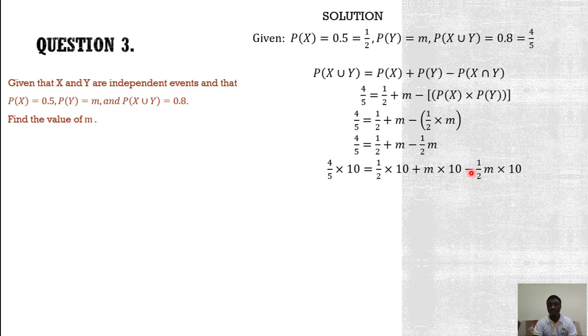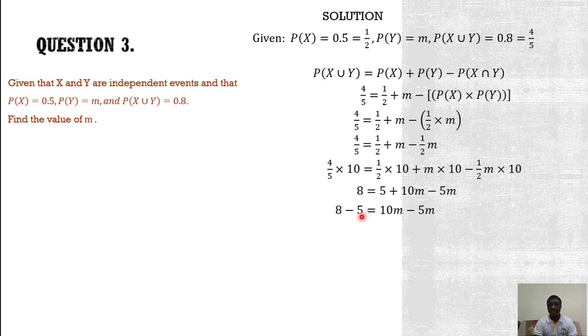Okay, so 4/5 times 10 equal to half times 10 plus M times 10 minus half M times 10. And when you simplify this, you are going to get 8 equal to 5 plus 10M minus 5M.